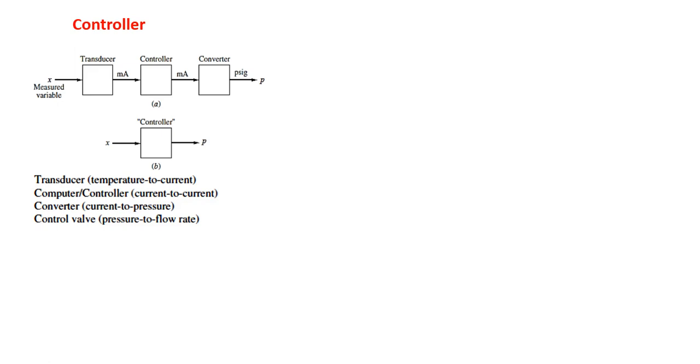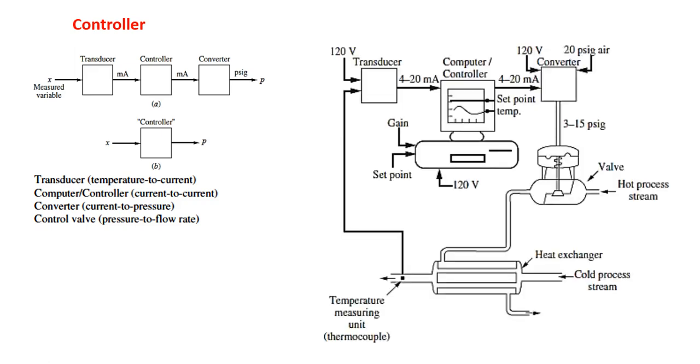The control valve takes that mechanical signal and tries to implement it on the flow rate of the output. So basically the controller is the sum of these three things: the transducer, the controller algorithm, and the converter. I'll explain with the help of this example.